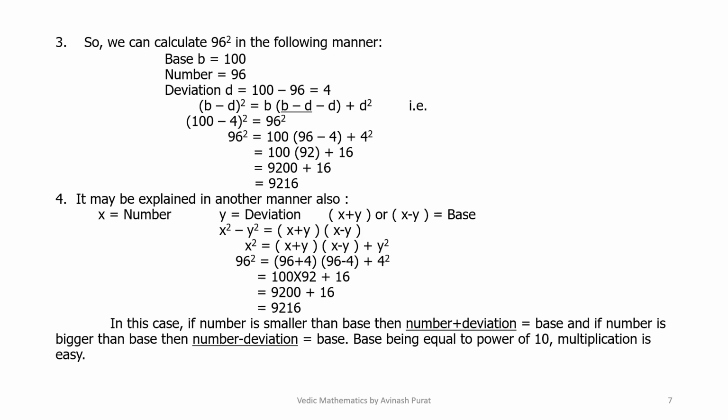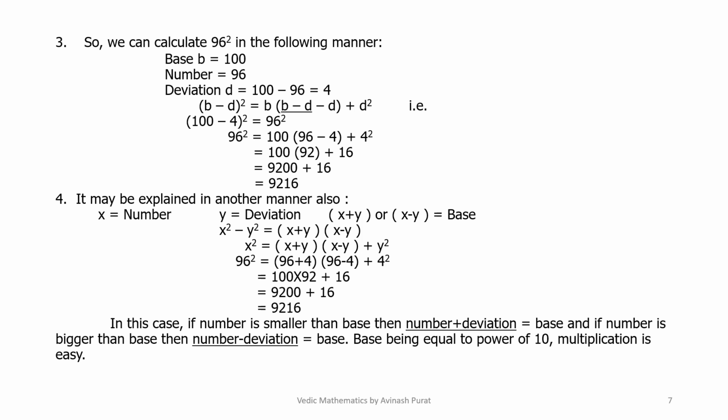So 96 squared equals (96 + 4) multiplied by (96 − 4) plus 4², that is 100 into 92 plus 16, that is 9200 plus 16 equal to 9216.